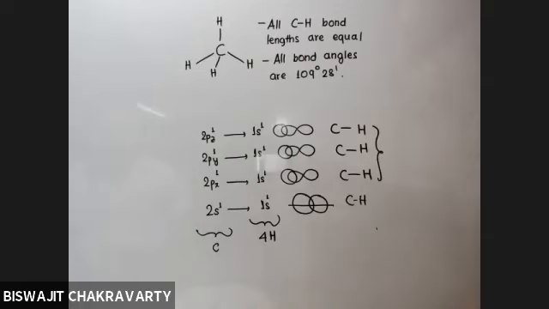So what was expected was 3 of the bond lengths should be similar and 1 should be shorter, and the bond angle should be 90 degree. But the reality is completely different from what is expected. All carbon hydrogen bond lengths are exactly equal, and the bond angles are 109 degree, 28 minutes. Understood?